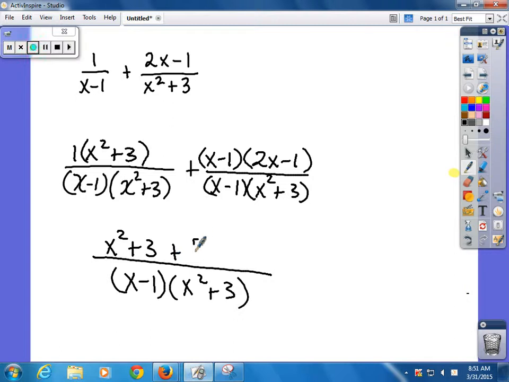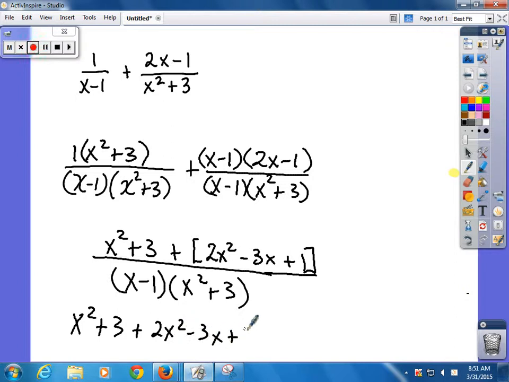Plus, I'm just going to go over here and put brackets. This will be 2x squared minus x minus 2x is 3x plus 1. Somebody check me. And that's going to give me x squared plus 3 plus 2x squared minus 3x plus 1 all over a squiggly line, which means all that stuff.